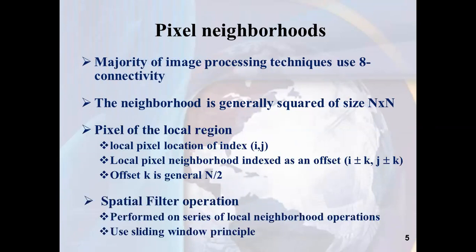And the spatial filter operation, how we apply it: we apply it on a series of local neighborhood operations using the sliding window principle, which means that we take a window, for example, of size 5 by 5.